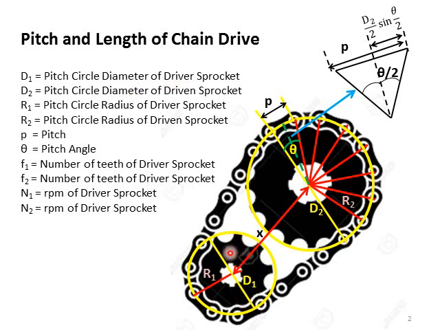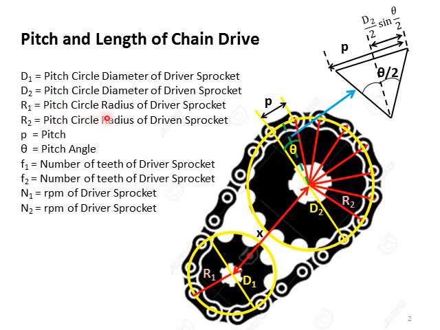So this is the driver sprocket, and D1 represents the pitch circle diameter of the driver sprocket. D2 is the pitch circle diameter of driven sprocket. Here's the driven sprocket and its pitch circle diameter D2.